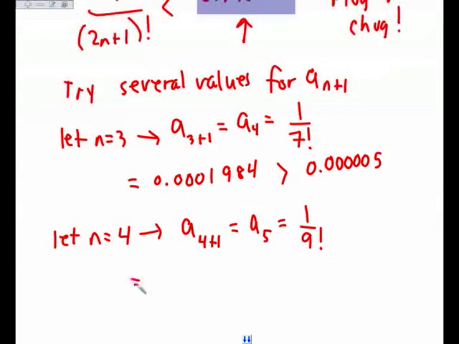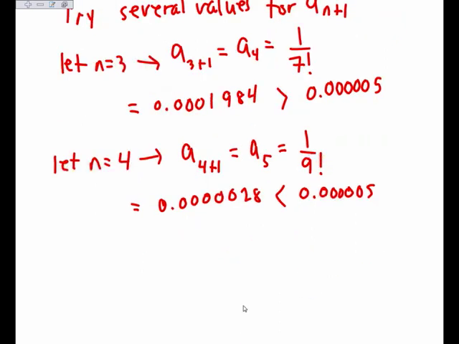How does that compare to 0.000050? Well, hey, that's smaller. So what we have then is the n value that we were looking for. We found the required n value such that our estimate was within 5 decimal places.